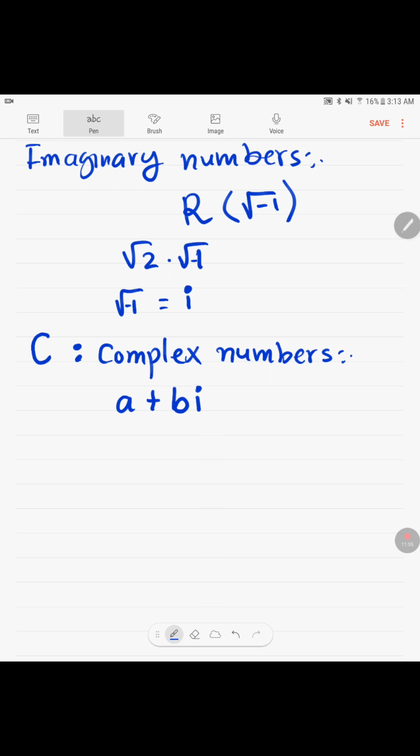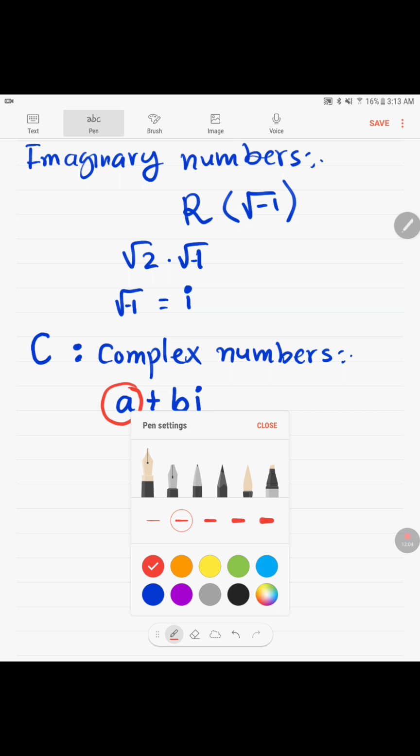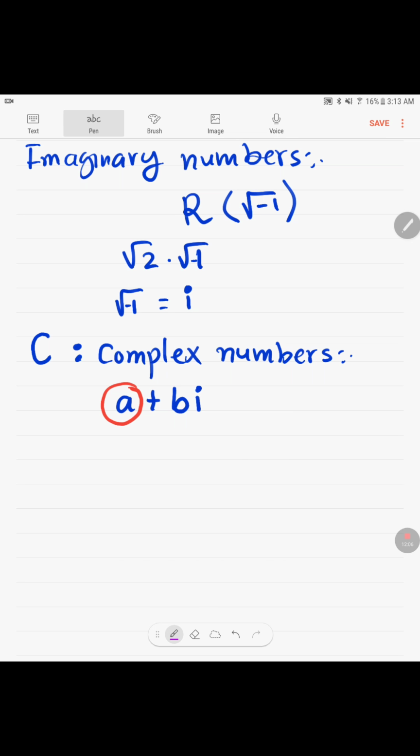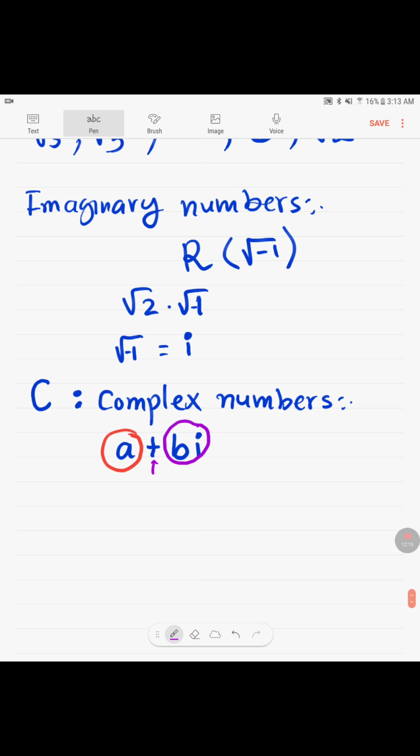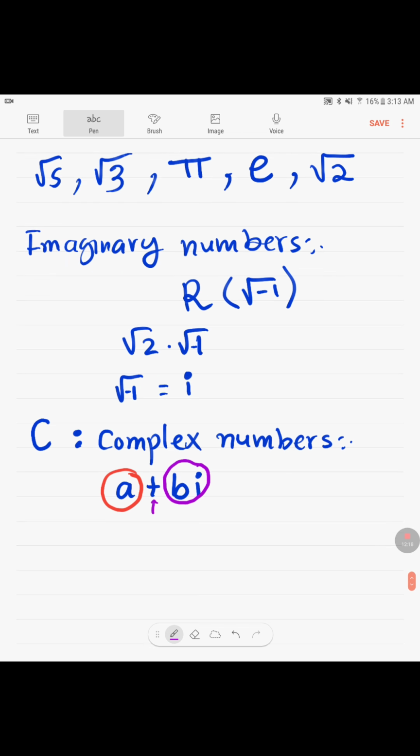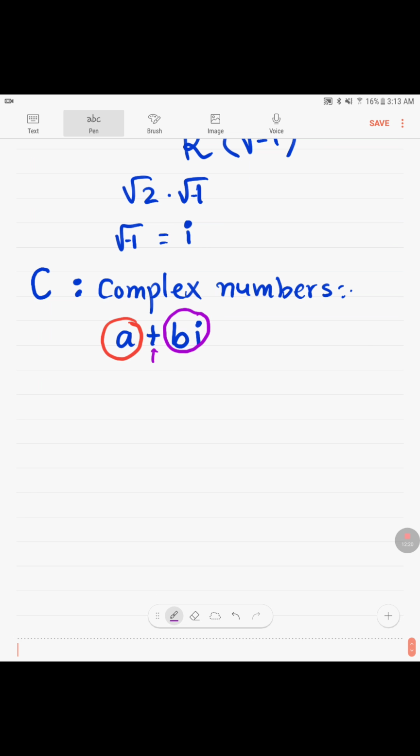Basically, these numbers will have a part real and the other part imaginary, and they're added with each other. Or the a or the b could be 0. So they include all real numbers and they include all imaginary numbers. These are called complex numbers.